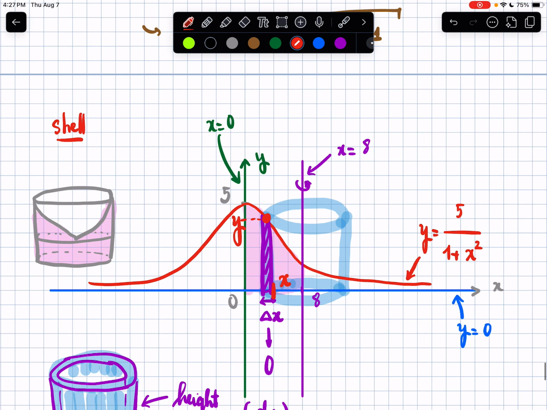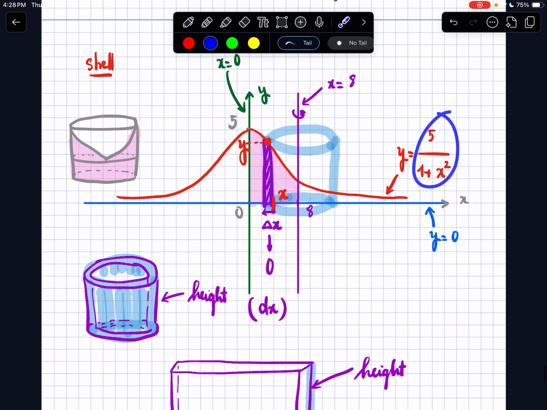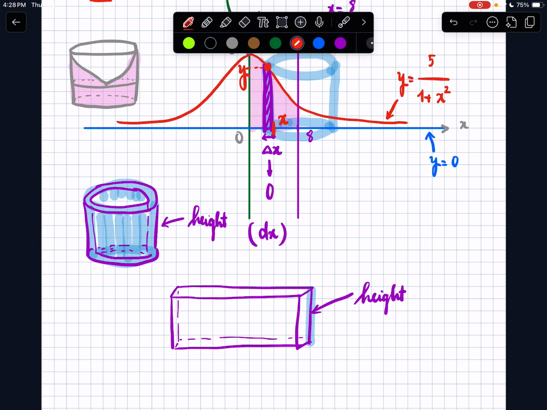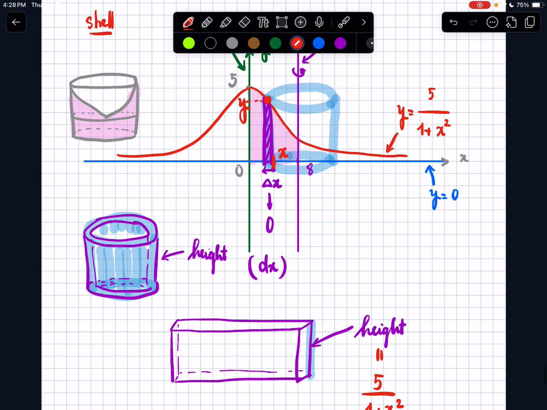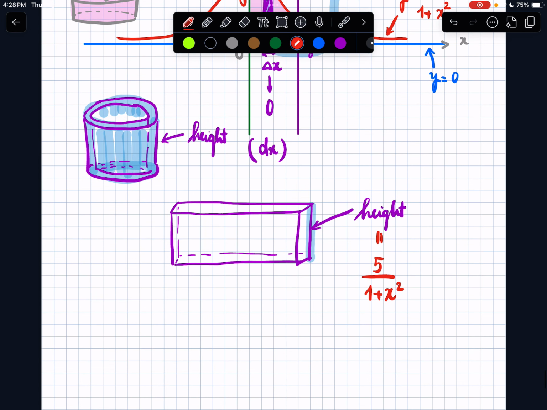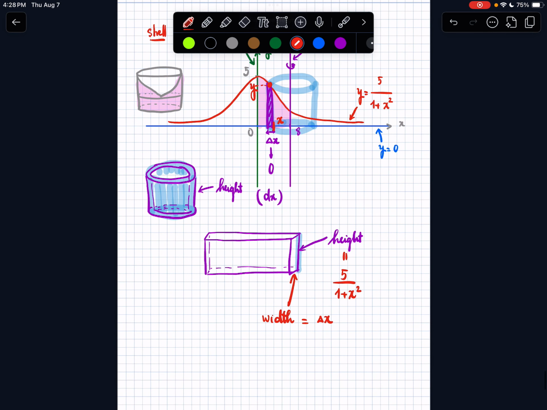The height of the shell is this length, which is the y coordinate, so the height is 5 divided by 1 plus x squared. The thickness, or width, of the shell is delta x, or dx if delta x tends to 0.